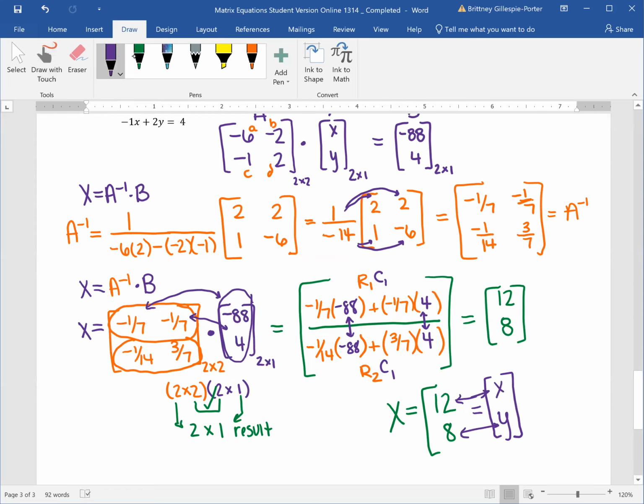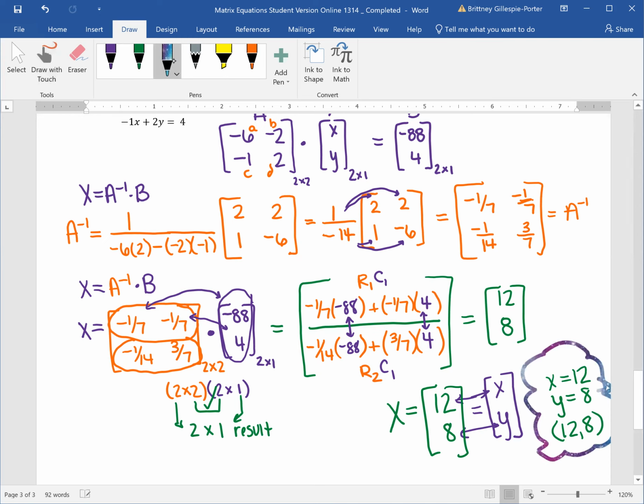We know that little x is equal to 12, little y is equal to 8, and if I asked for an ordered pair, xy would be 12/8. So remember, do not stop at the X matrix. You have to actually find the variables.